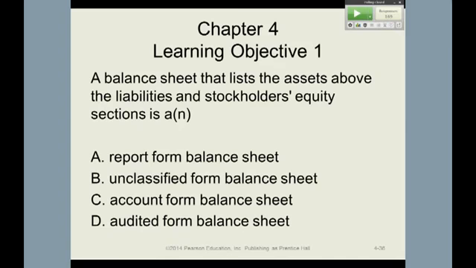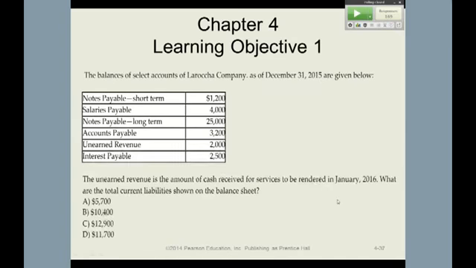Okay. All right. So last question here, and this is a perfect exam question. You're looking at unearned revenue, which is the amount of cash received and so on. They tell you what it is, and, just to let you know, unearned revenue is a current liability. But what we want to know here is what are the total current liabilities.